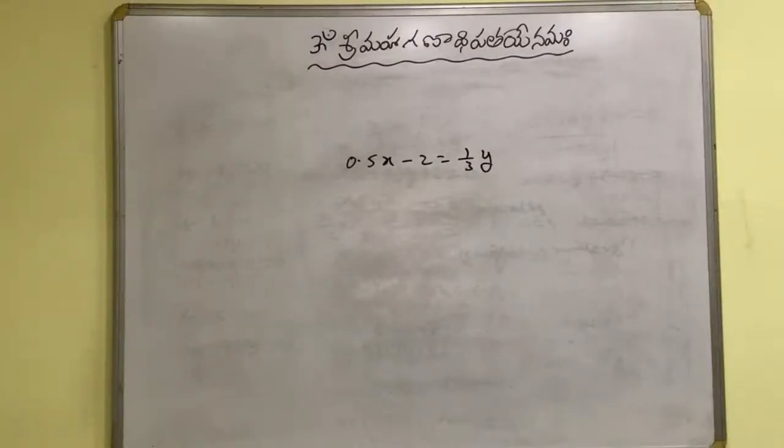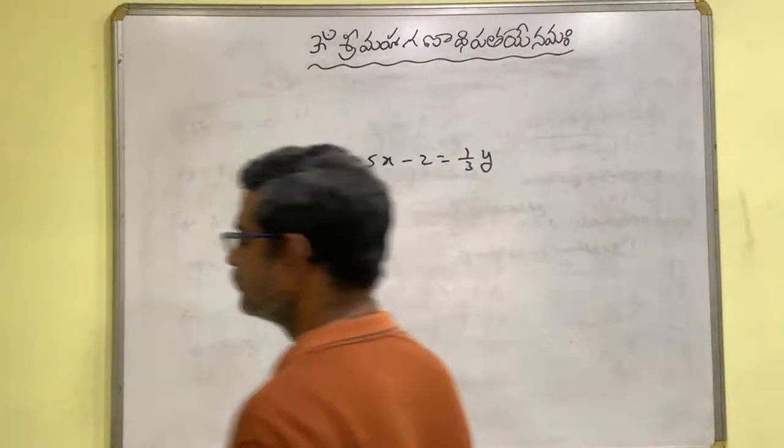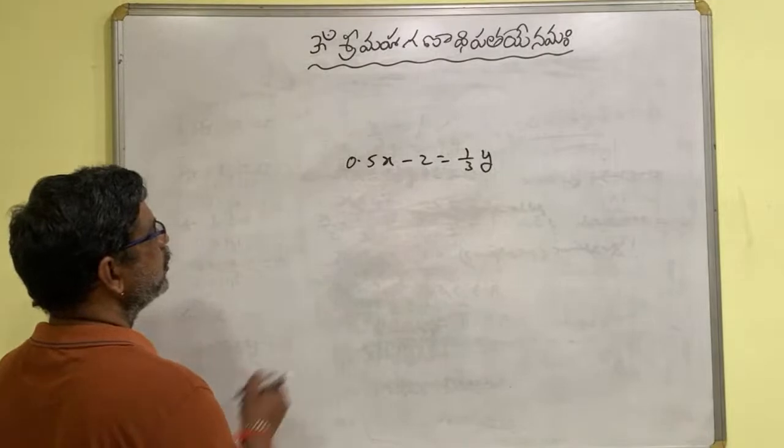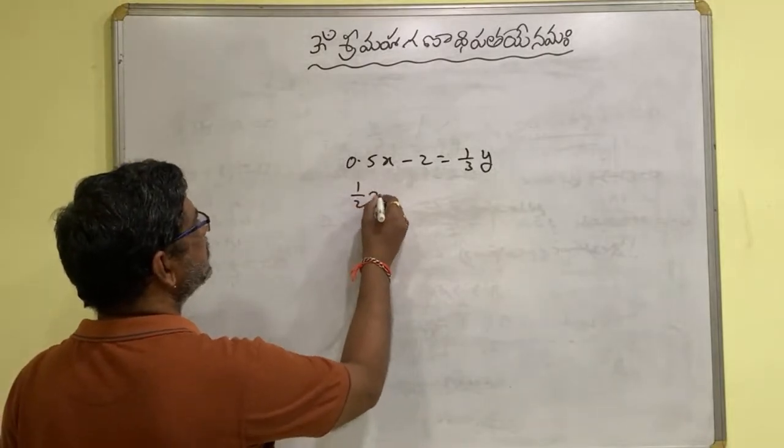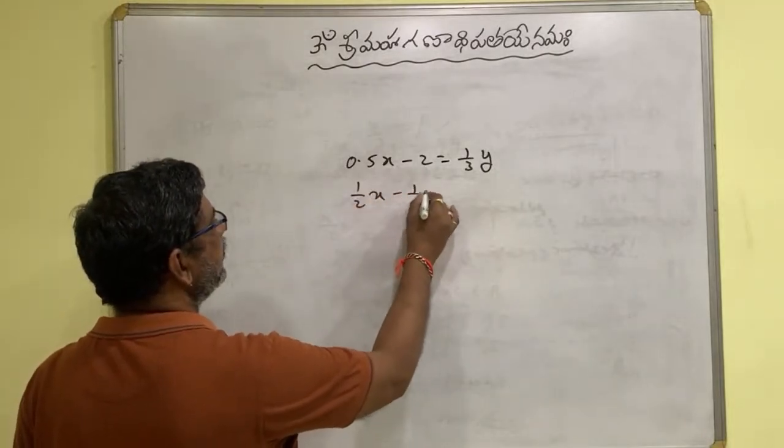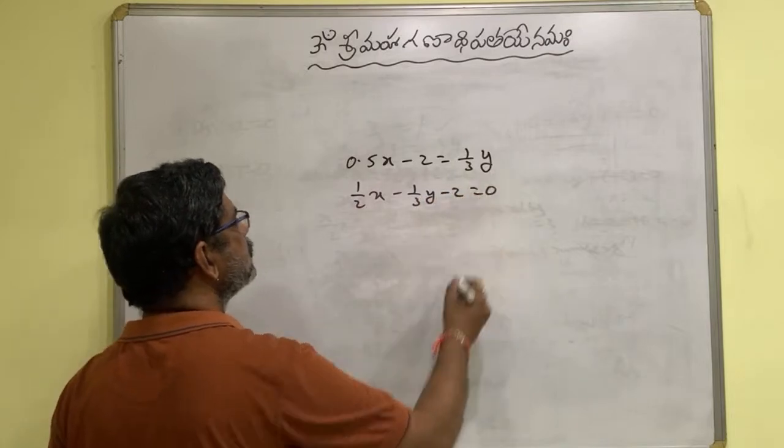So let's see. You didn't simplify it. You need to simplify it. 0.5 you can write as 1 by 2, so 1 by 2x minus 1 by 3y minus 2 is equal to 0.